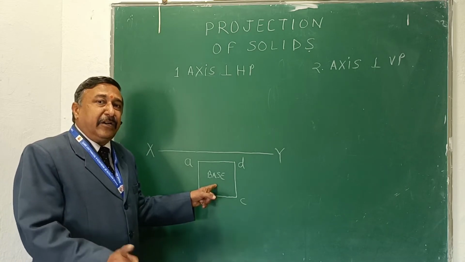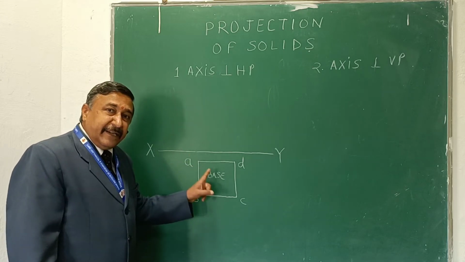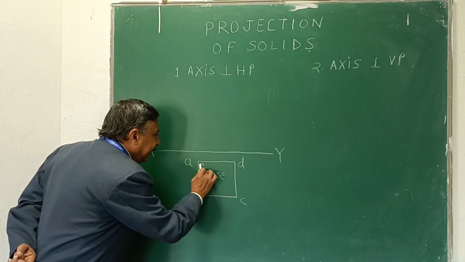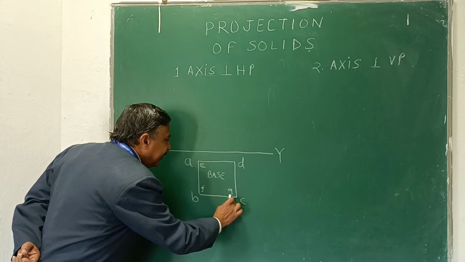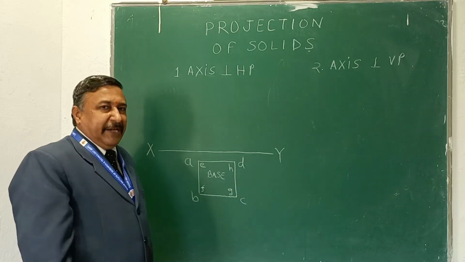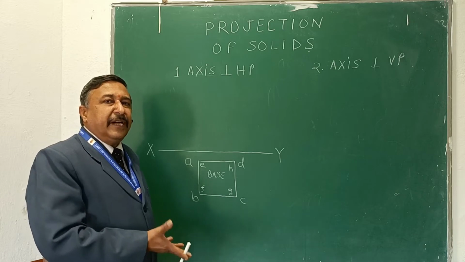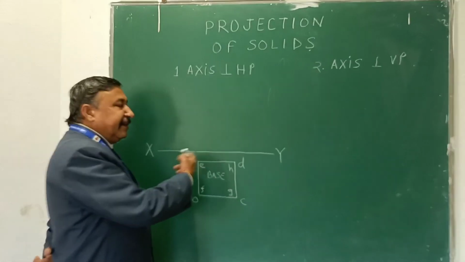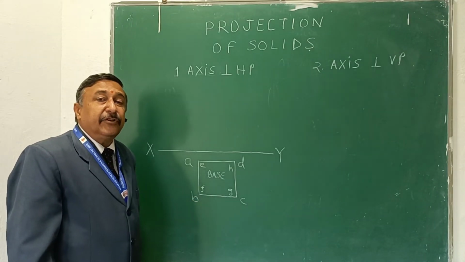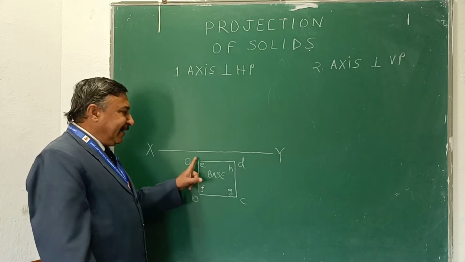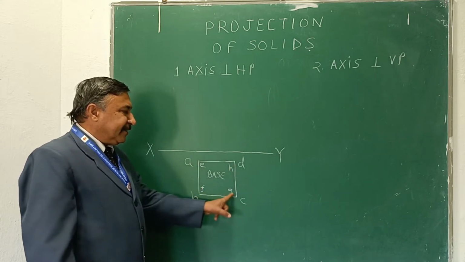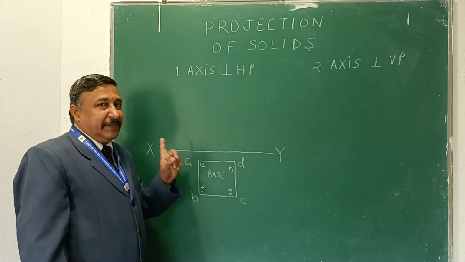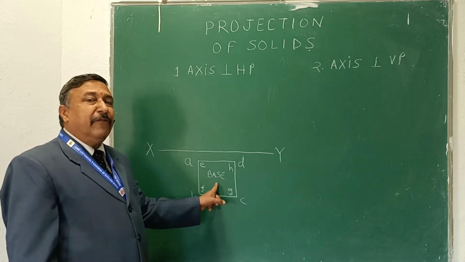So, we have to name the top also, like this: A, B, C, D, E, F, G, H. Both are overlapping, one above the other. So, this is the system of labeling or naming in solids, because this shows that there are two squares in this solid, and this represents the base of the prism.